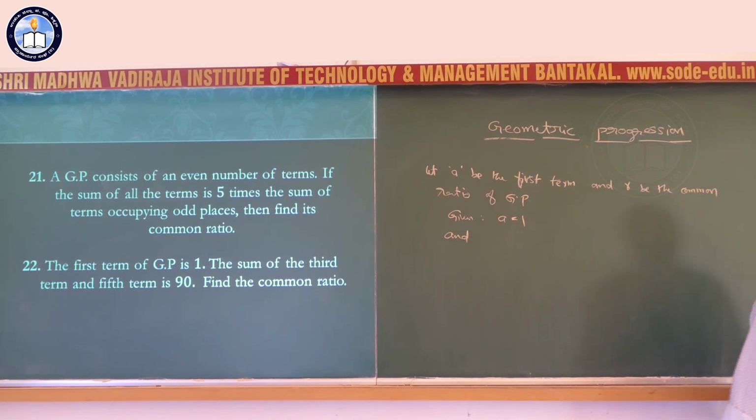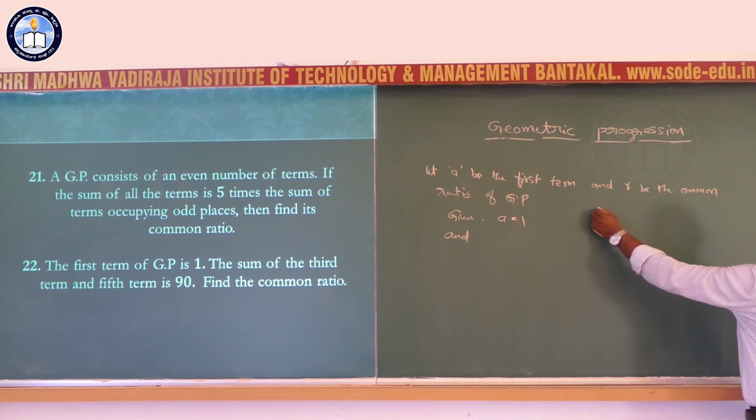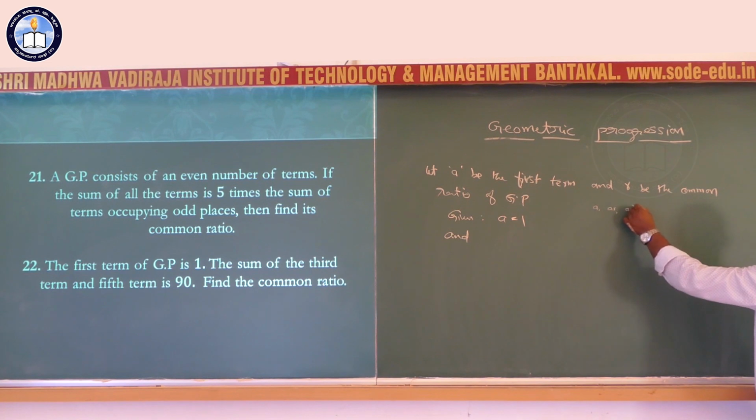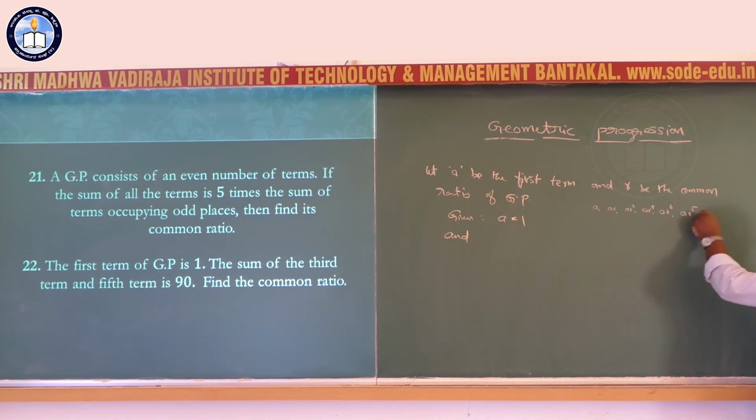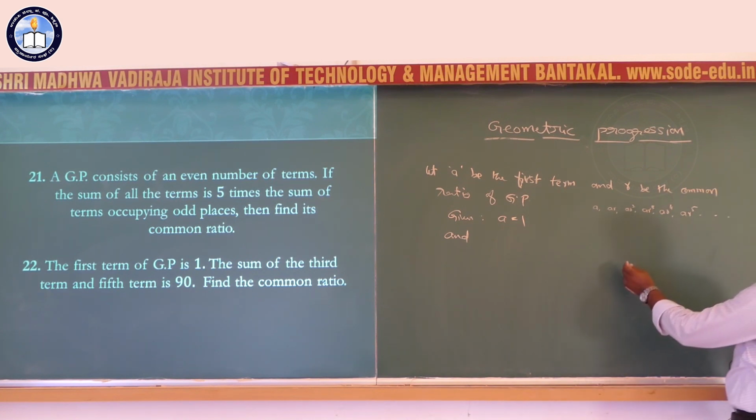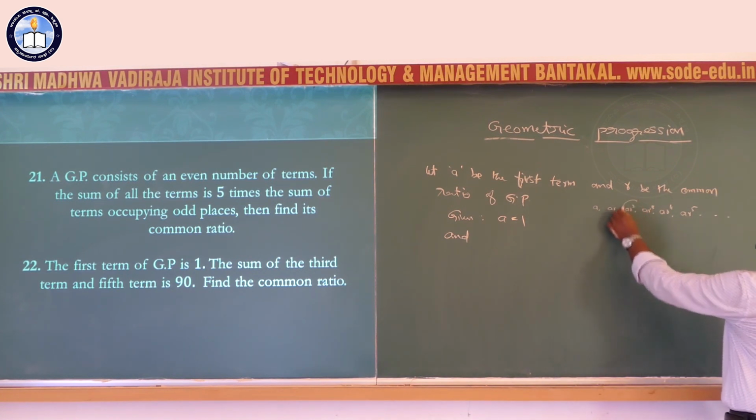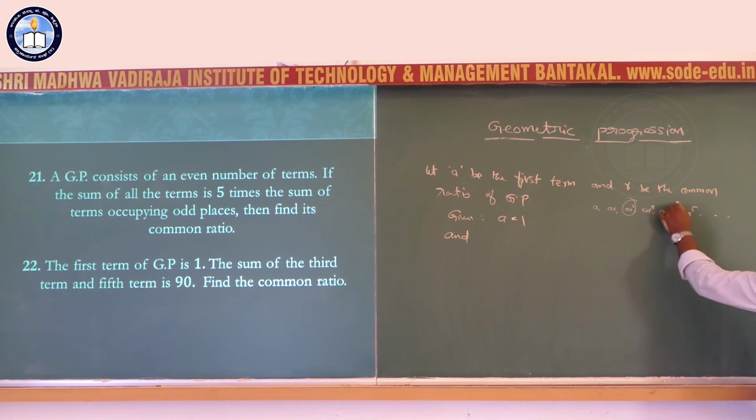Suppose a is the first term and r be the common ratio, then the geometric progression is written as a, ar, ar square, ar cube, ar power 4, ar power 5, like that. Here third term is ar square, fifth term is ar power 4.